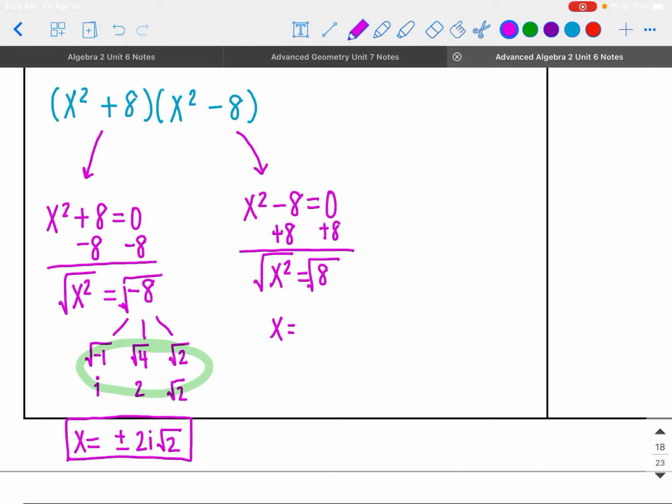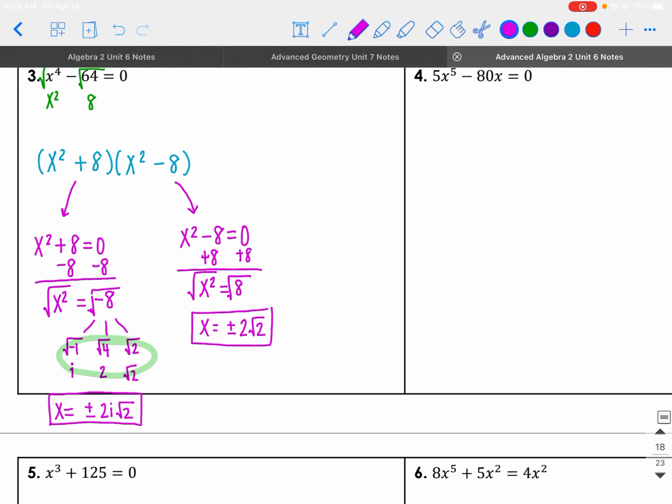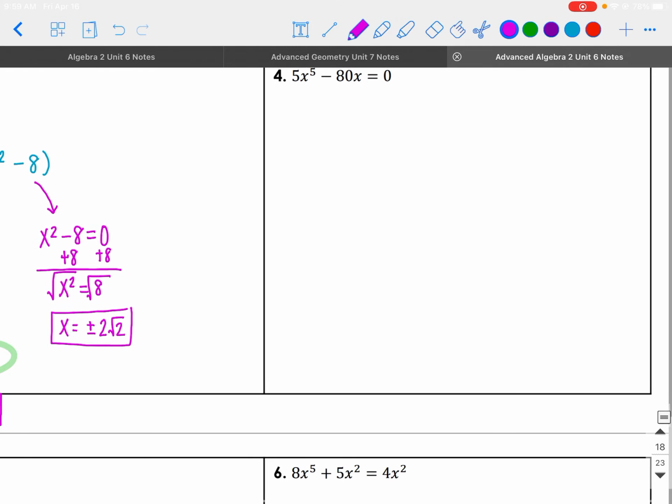The only difference is this time there's not a negative, so the i is not part of our answer. So just plus or minus 2 radical 2. You will be seeing a lot of these simplifying radicals, probably in these examples.